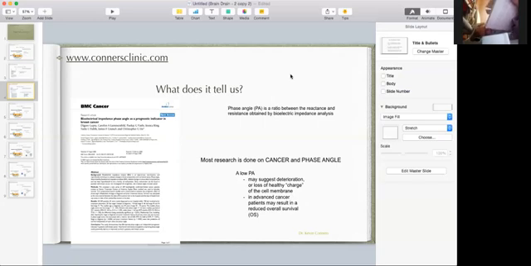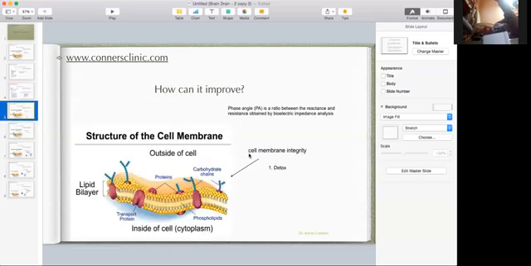As a matter of fact, there are numerous studies. Most of the studies that are done with phase angle are done with cancer patients. That's really what put phase angle on the map. And if a person's phase angle is dropping rapidly, it's not a good sign. So again, it's measuring cell membrane integrity.